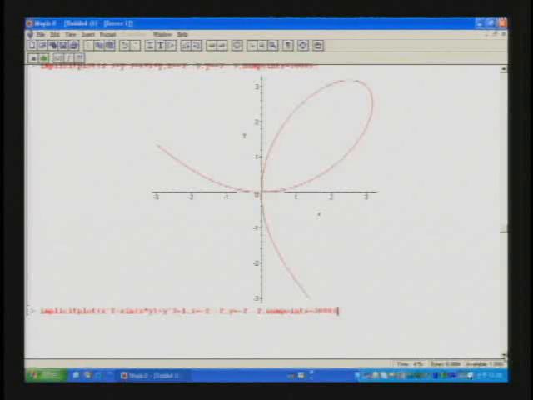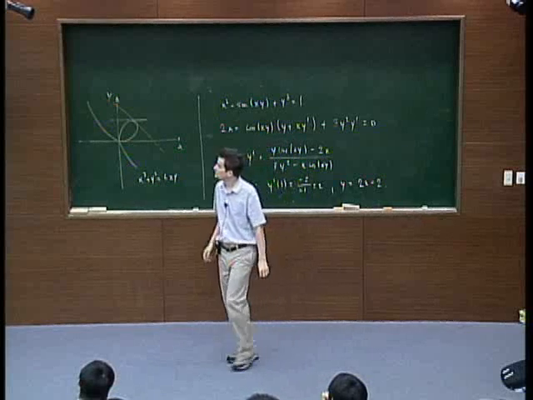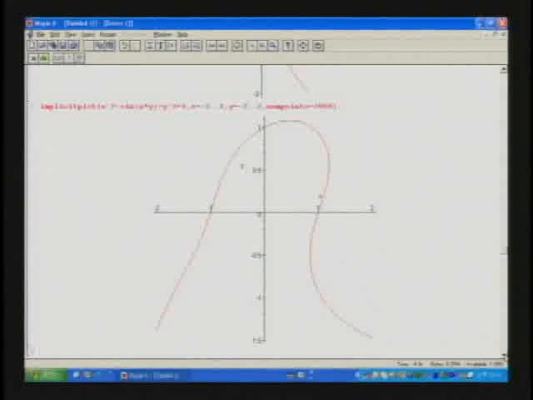So maybe 3,000. Okay, so you see this curve here, and we just computed the tangent at the point (1, 0), which happens to be this point here, which crosses the x-axis. And we saw that this is the equation.